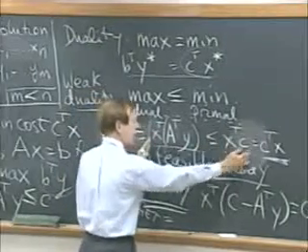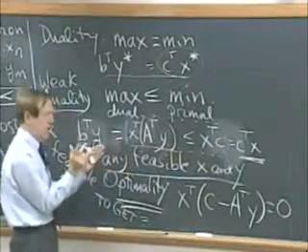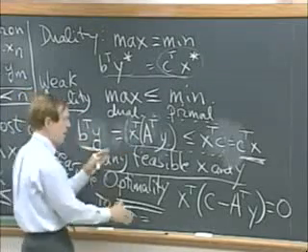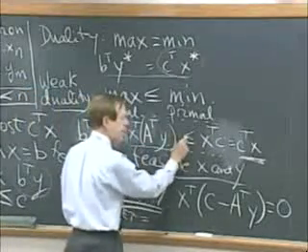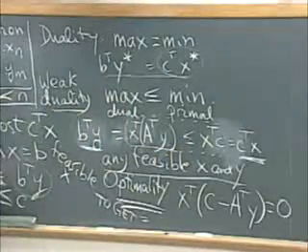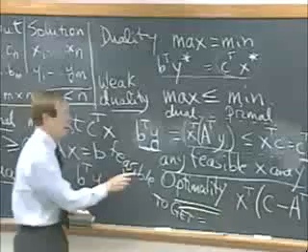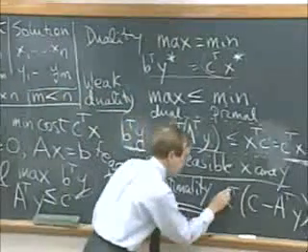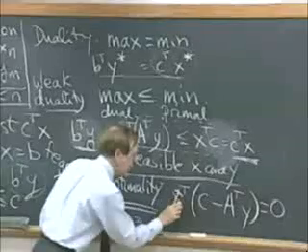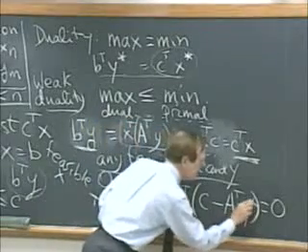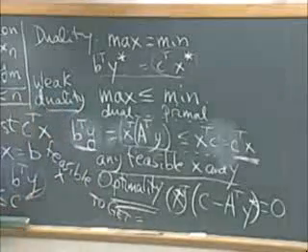I'm just looking at the only place there was any question and saying, if we want equality, then we have to have equality at that step. So this less or equal followed immediately for any x and y. Equality is only going to happen at the best ones. So maybe I should put the star: x star transpose, c minus A transpose y star. That's how we recognize the winner.